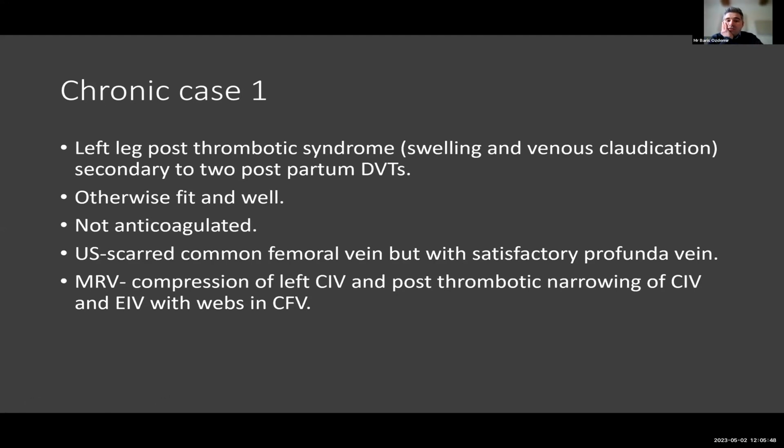I wanted to just go through a few cases to illustrate what we mean. So in this case, this was a patient with a left leg post-thrombotic syndrome with quite bad swelling and claudication, which is pain with exercise, even difficulty climbing stairs, after postpartum DVTs, who were otherwise fit.